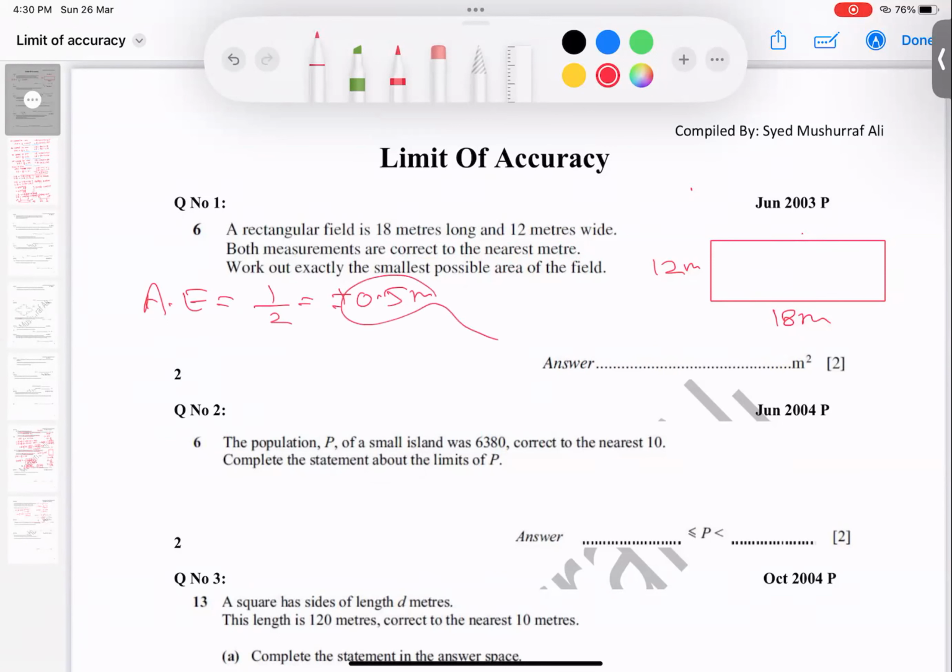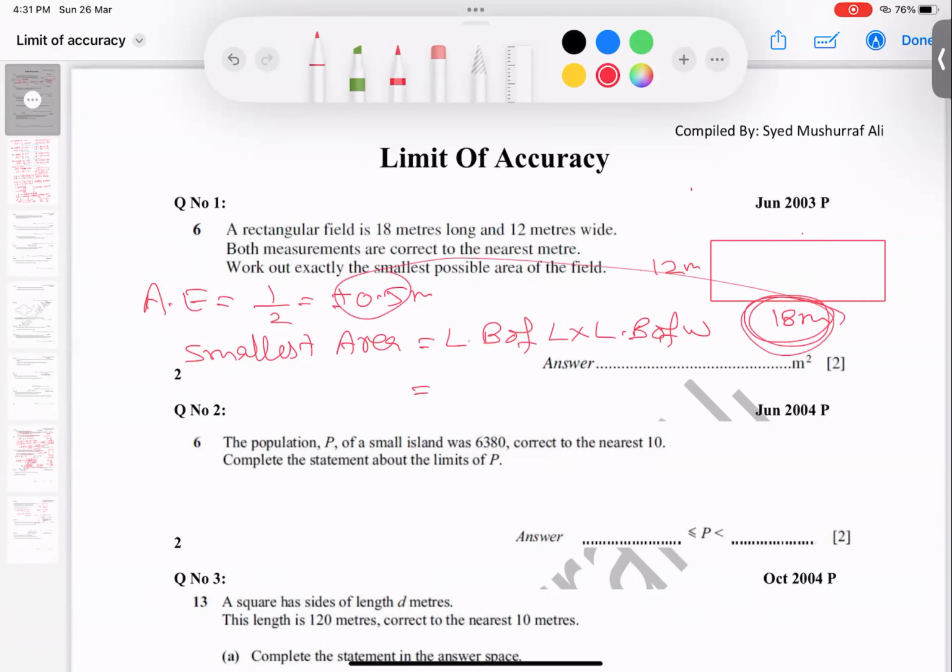And we are looking for the smallest possible area. What is the area formula? Length times width. So the lower bound of length times the lower bound of width, I will multiply. And how to find the lower bound of length? From this 18, subtract 0.5.